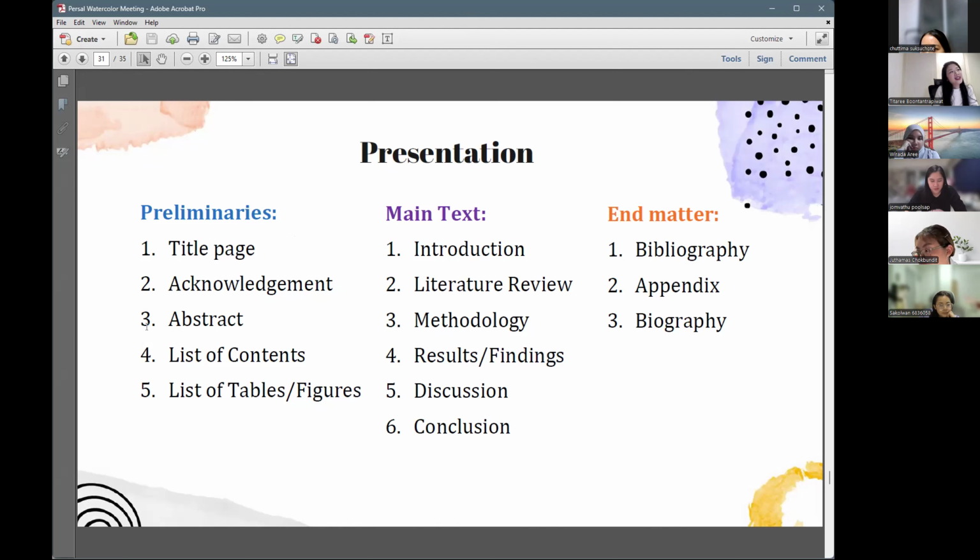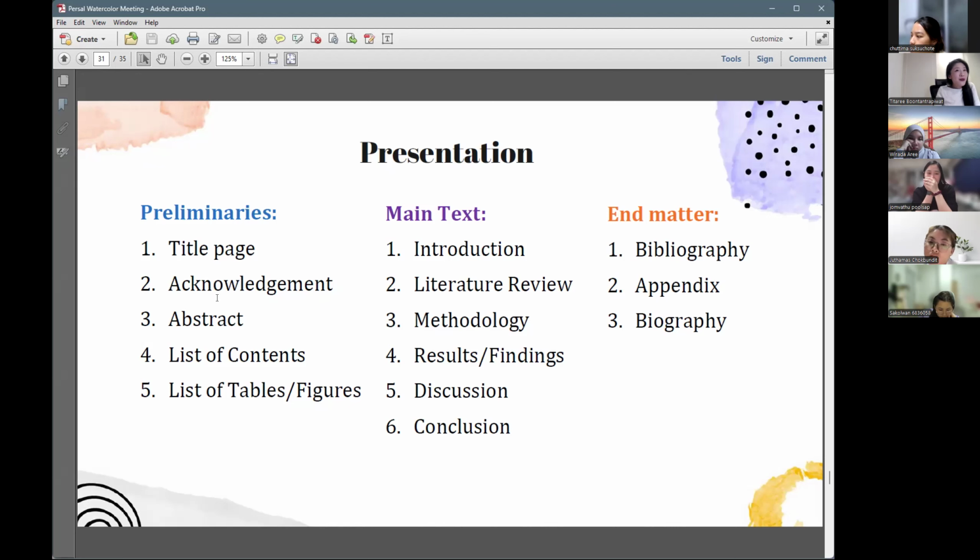And technically, for the rest of the time, what we will focus on would be these things. I am going to talk about the title page, how it's going to look, the acknowledgement, so everything that will be included in your thesis, thematic paper or independent study.